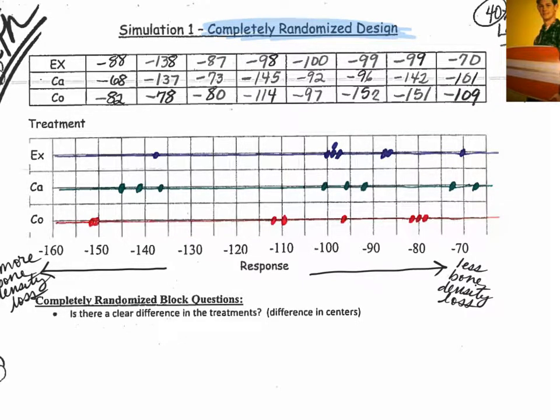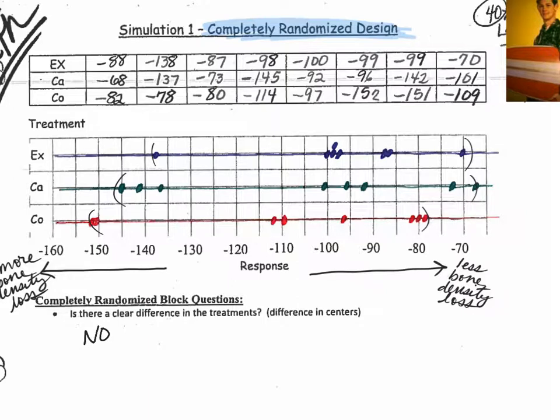They're all spread out quite far, and they're pretty much located in the same vicinity. Okay, not a clear difference. So we're going to say no. There's not a clear difference of which treatment is creating less bone density loss.